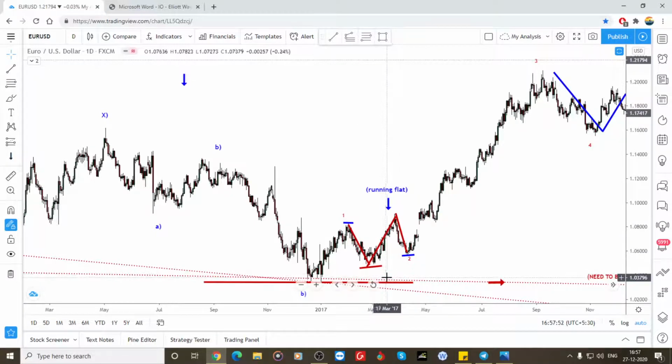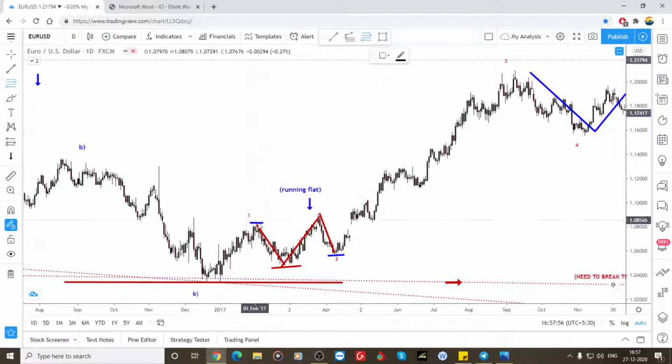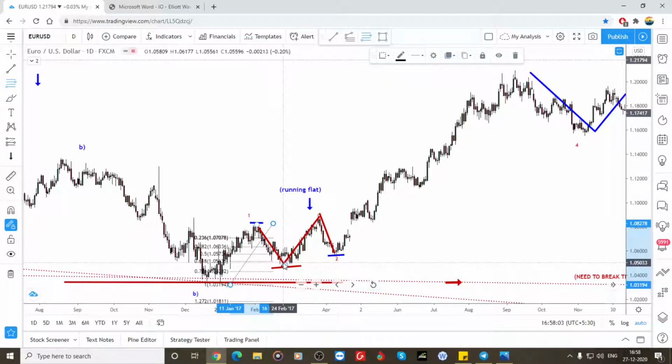Sometimes it could be a double bottom also. So approximately 61.8. Here is wave 1 in the daily chart, and it did exactly 61.8.